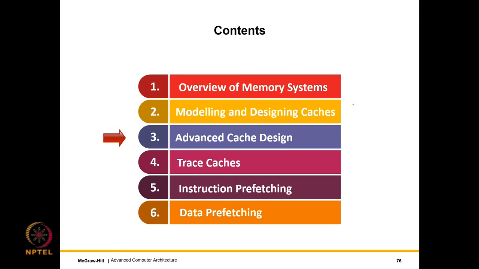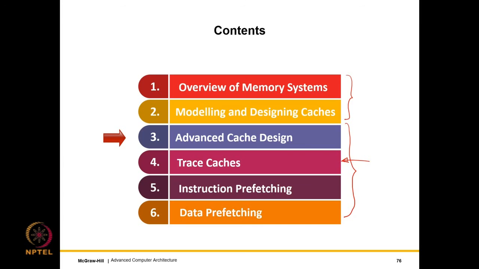Alright, so we have spent a lot of time and effort in going over memory systems and in how to model and design caches. So we'll leave the core electronics part now and we will move to the algorithmic part. The next 4 sections of this book will discuss advanced aspects of cache design, a new idea called a trace cache.